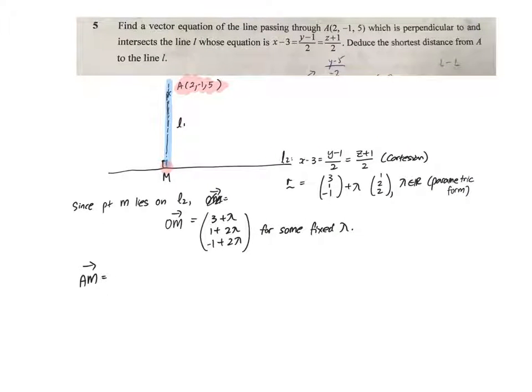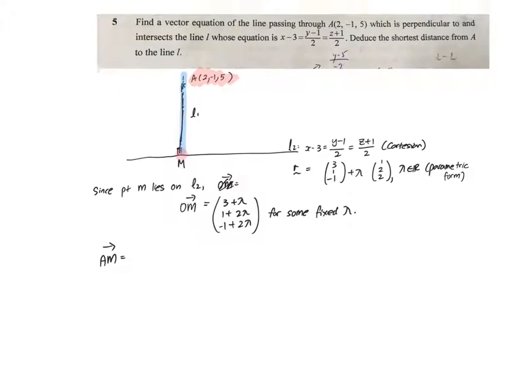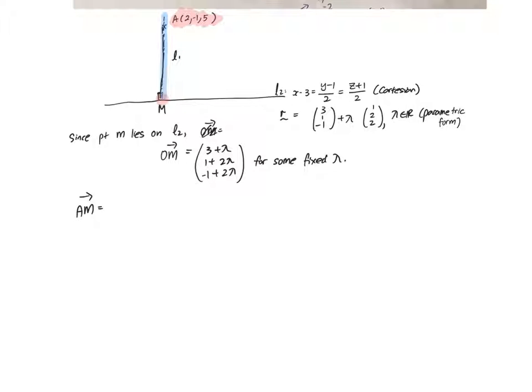So AM, we just take OM minus OA, because OA is (2, -1, 5). AM basically will just get (1 plus lambda, 2 plus 2 lambda, -6 plus 2 lambda).